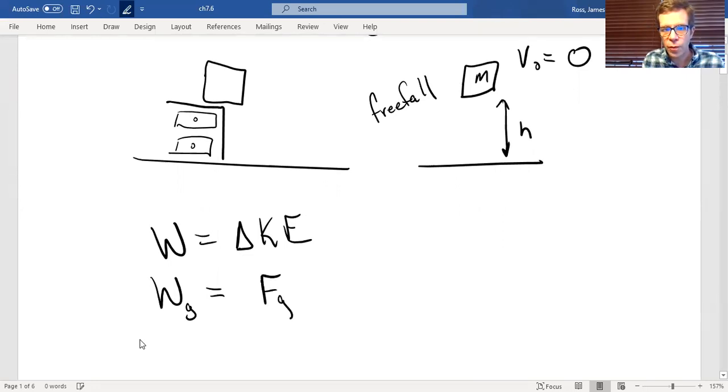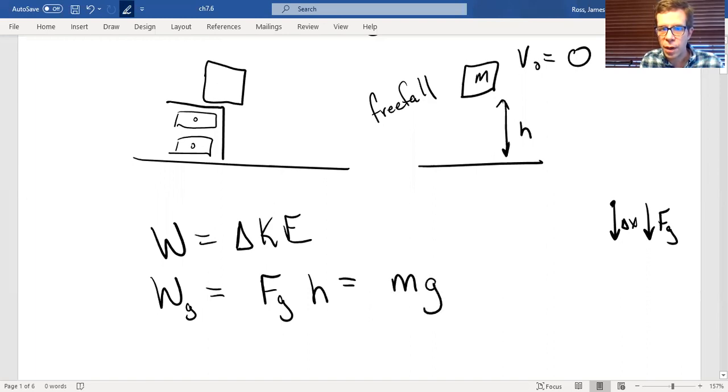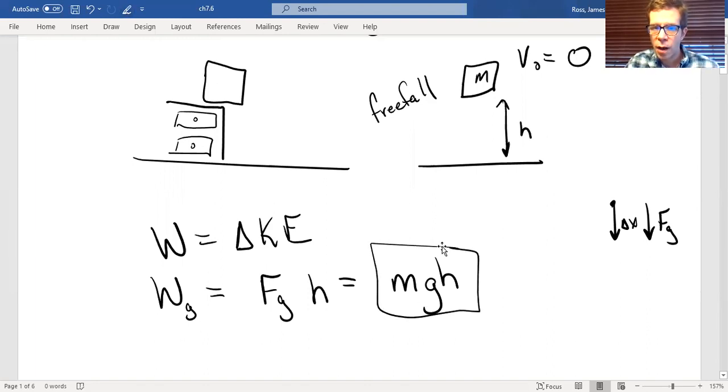And that's going to be the force of gravity times the height. And our motion is in the same direction as the force. So we have cosine 0, which is 1. So it's just the force of gravity times the height, which will be equal to mg times h. So that's the work done on an object falling in free fall.